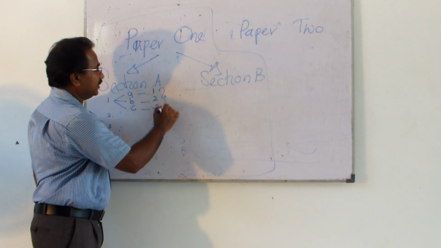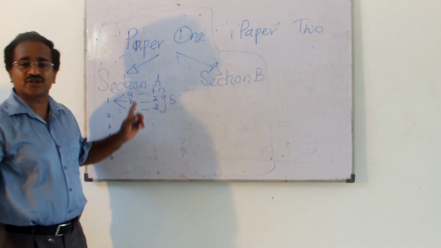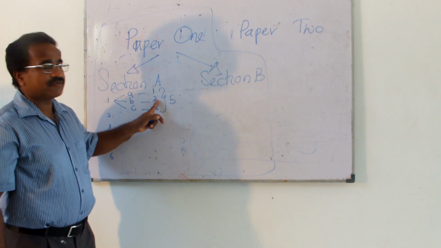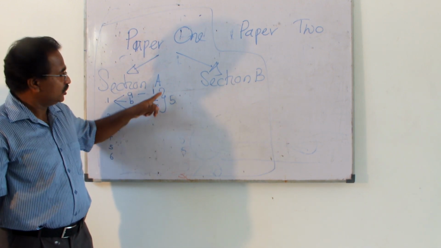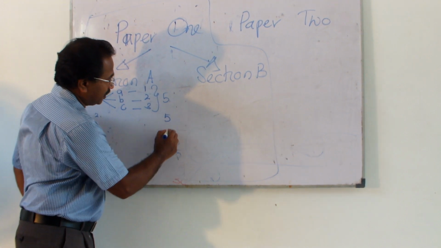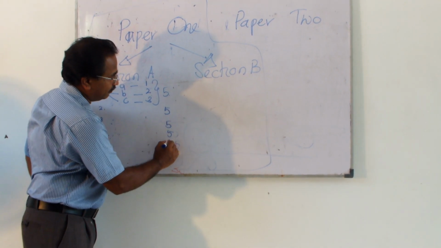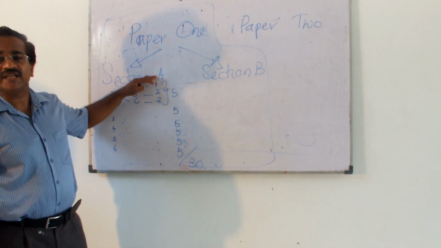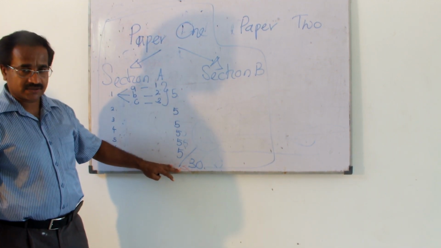So altogether for each question in section A, you get 5 marks. 5 marks for the first, 5 marks for the second. So altogether 5 into 6 comes as 30. So for section A, you get 30 marks.